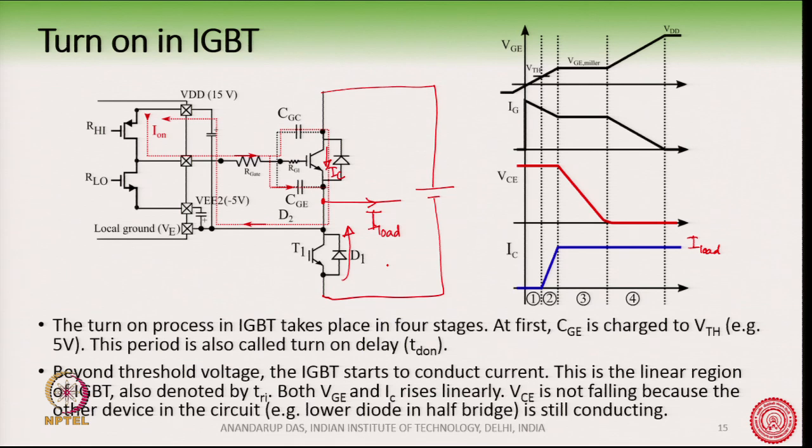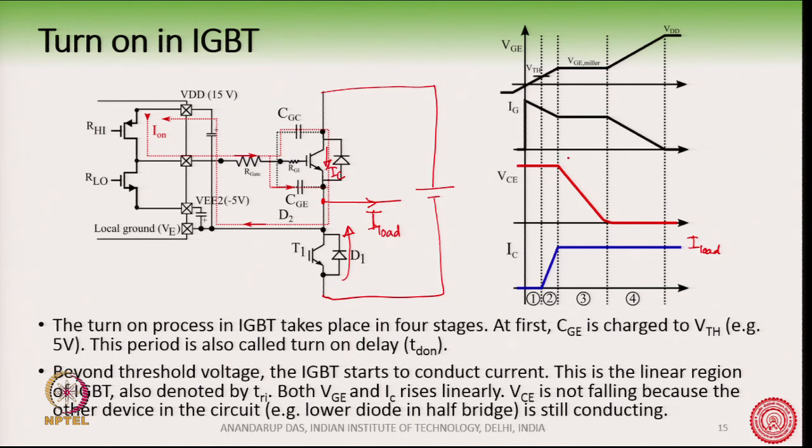So, therefore, this diode is still conducting, and since this diode is conducting, if you neglect the diode drop, this point's potential is the same as this point's potential, and hence the voltage across the IGBT is still equal to the DC bus.